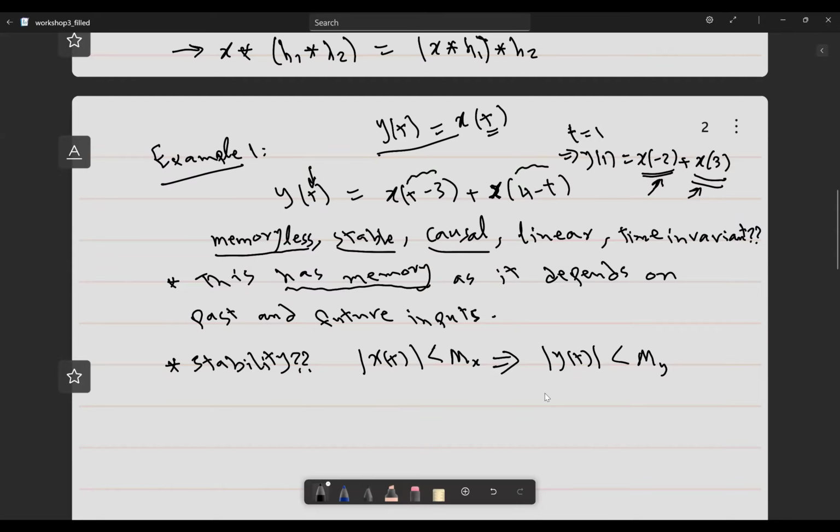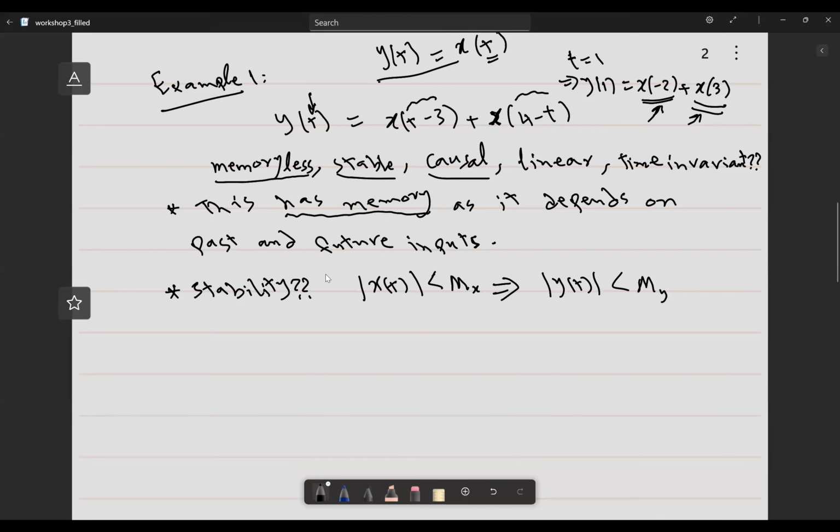So from this definition, to check if this system is stable or not, we need to first assume that the input is bounded, and then check if the output will be bounded or not. So first, let's assume that x(t) is bounded by Mx.